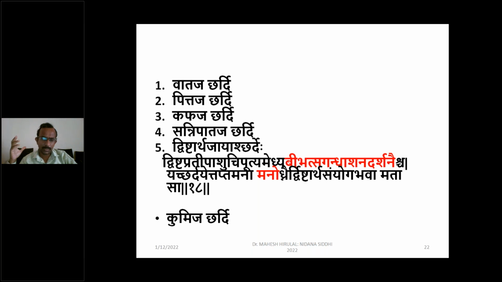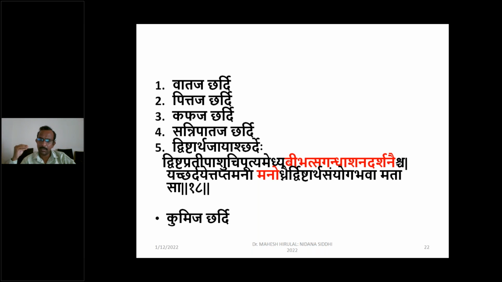And there are some very important observations like Dushtartha Samyogaja Chardi or Bibhatsa Chardi. There are some persons where just seeing the rakta or some mamsa or any unwholesome gandha, ashana or darshan, if they see or smell it, they will vomit. If they see some unwholesome image, they will vomit.